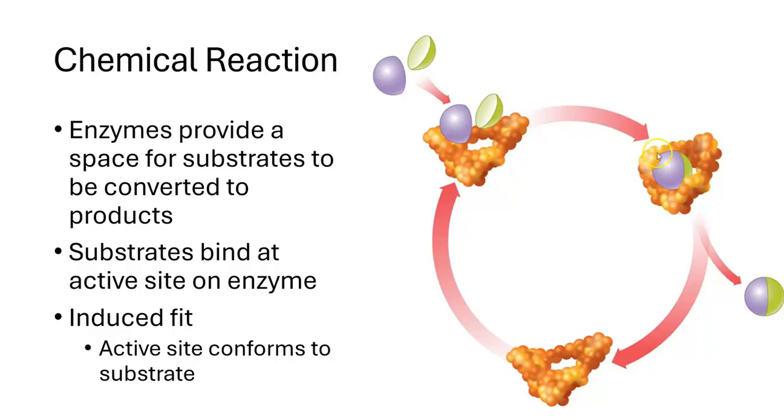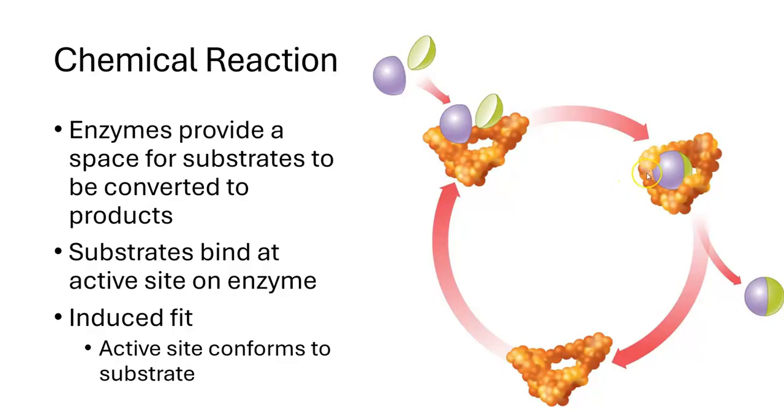Okay. Now, this active site allows the substrate to be converted to product, right? We said that enzymes help to catalyze reactions. They help to speed reactions up. So we're creating a nice little microenvironment where the substrates are coming in and making contact with each other so that we can form different bonds.